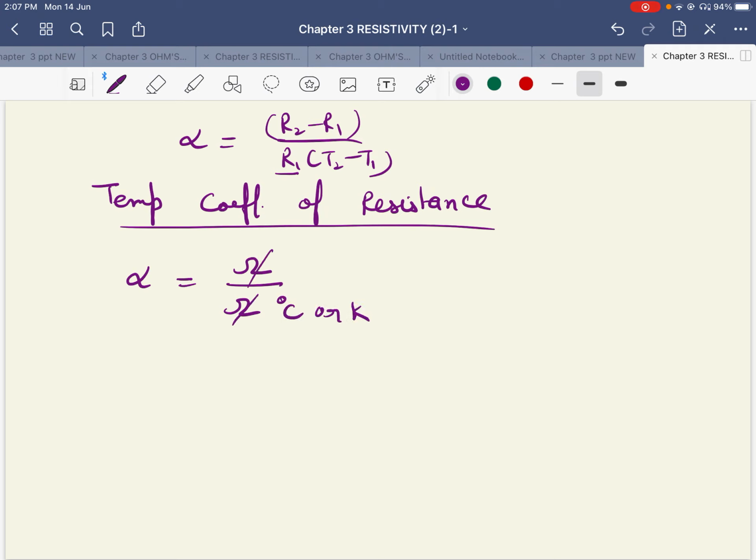Then ohm and ohm cancel each other, and it becomes degree minus 1 or Kelvin minus 1. So the unit of alpha is Kelvin inverse or degree centigrade inverse.